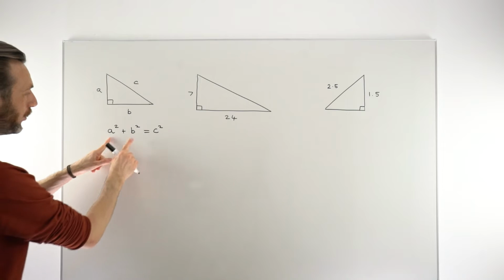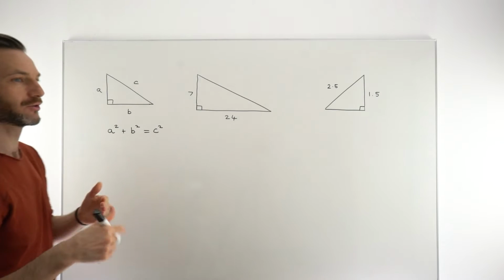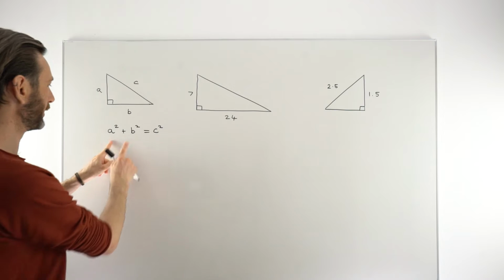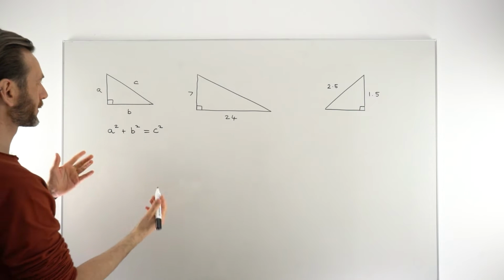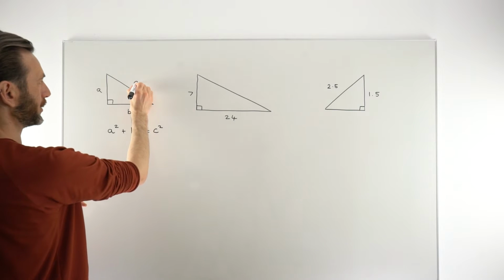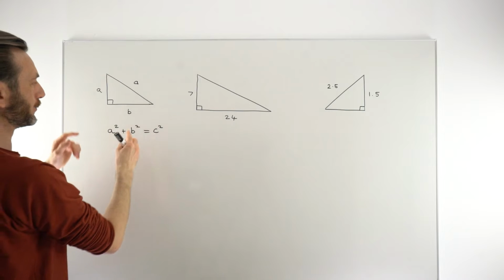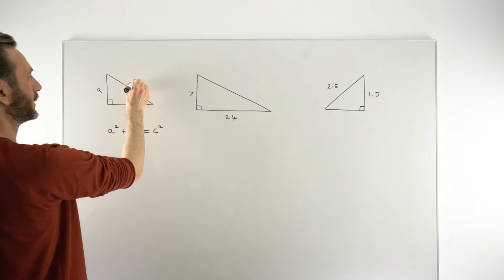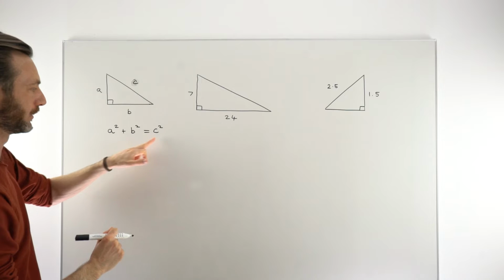The important thing is not the letters. Don't get hung up on the letters because every question is going to use different letters. I see a lot of students getting very hung up on A, B and C, but a question might have this as A and this as C over here, or some manipulation. So just think instead about short sides and long side.